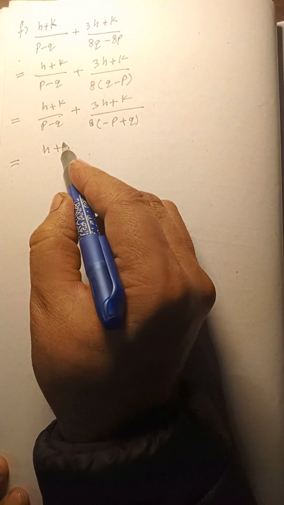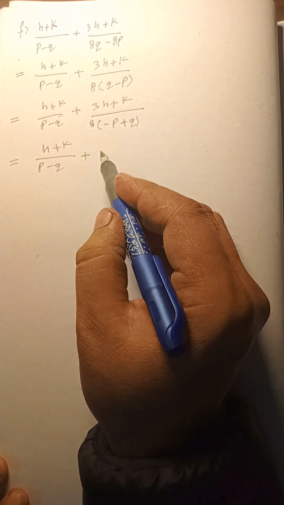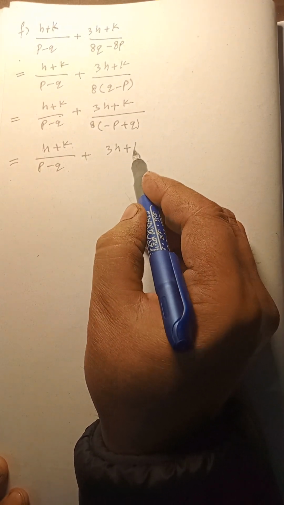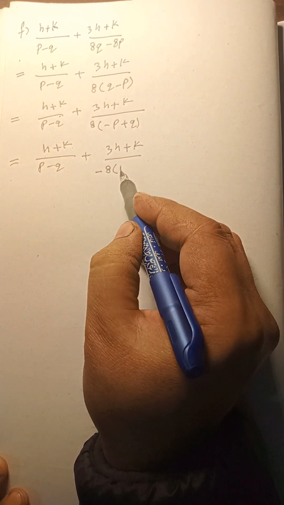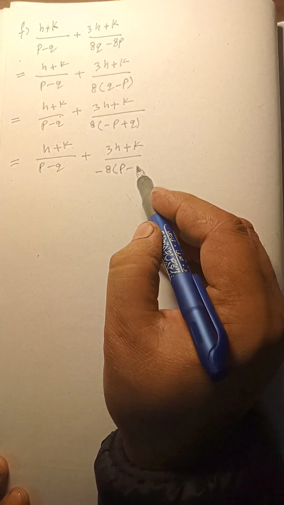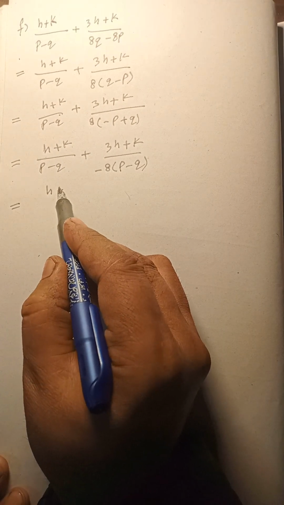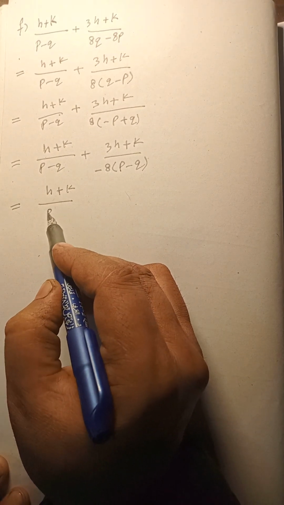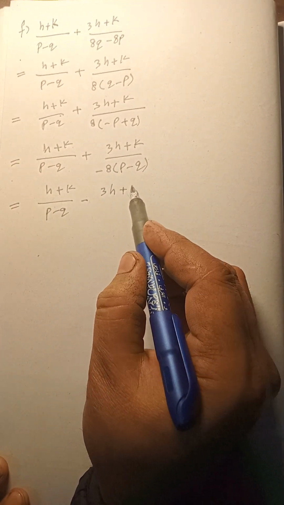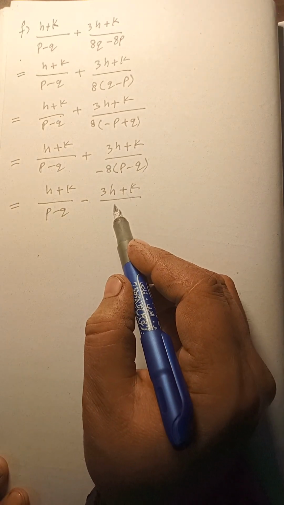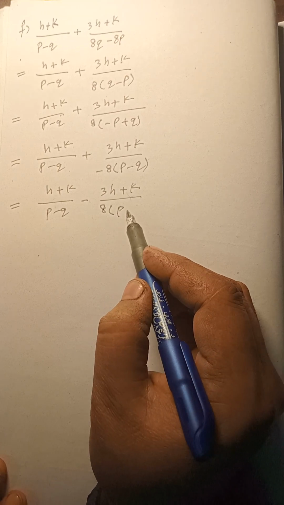Now h plus k over p minus q plus 3h plus k over minus 8 into p. Due to this minus sign, the sign will change, minus q. Now h plus k over p minus q plus minus 3h plus k over 8 into p minus q.